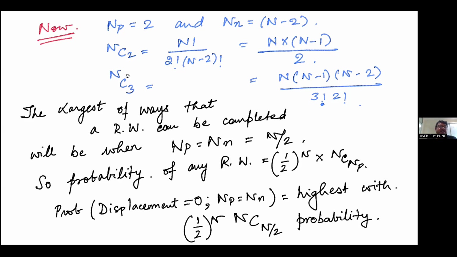But this is the highest when these two numbers are equal, and thereafter when np becomes greater than n by 2, again this factor will keep on decreasing, right? Because of the symmetry in the denominator, it will again keep on decreasing.